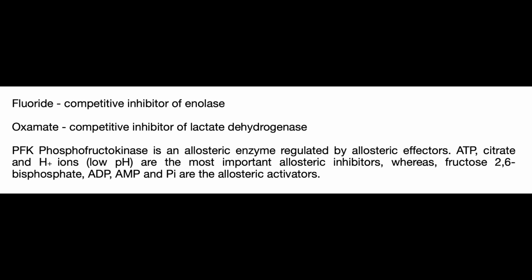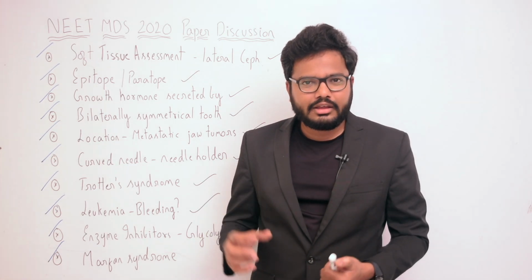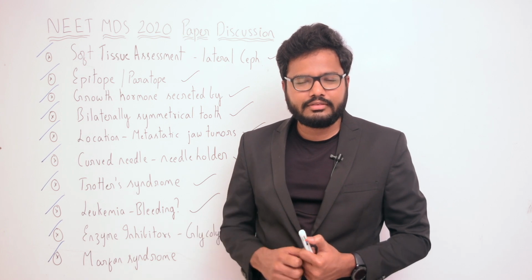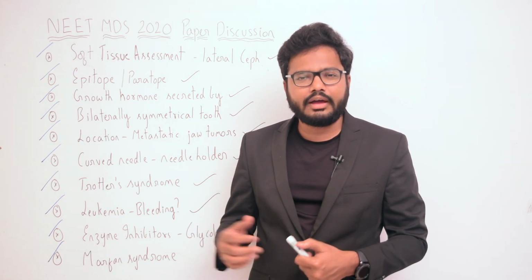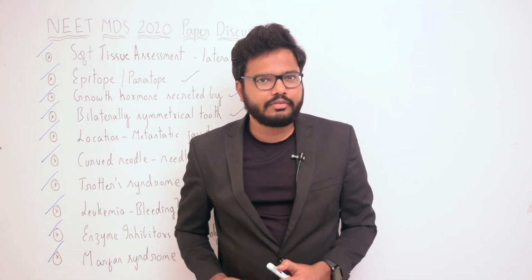Coming to the enolase enzyme, the competitive inhibitor of enolase is fluoride, which is very, very important. Do make a note of it. And in regard to lactate dehydrogenase, we have another competitive inhibitor, that is oxamate, right? These are some of the inhibitors which inhibit the activity of enzymes related to glycolysis. Consider this very, very important.